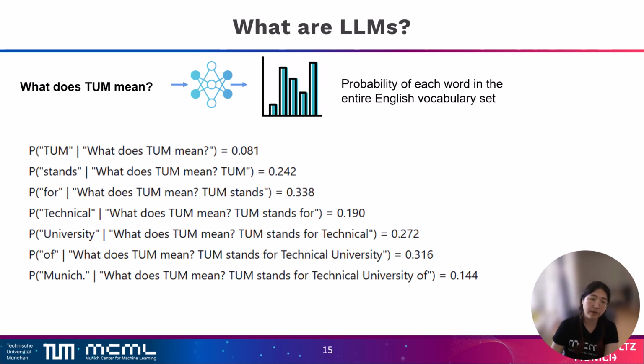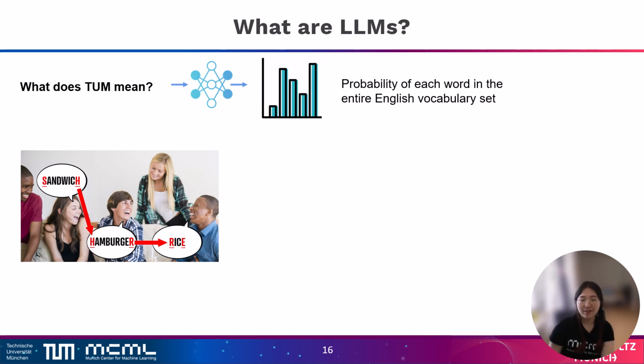If we write it as a more mathematical formula, it is like: what does TUM mean is the premise of TUM, and then the probability is 0.081, and then gradually you can generate the entire probability. So here we have the most powerful secret behind the large language model: it is just a word chain game.